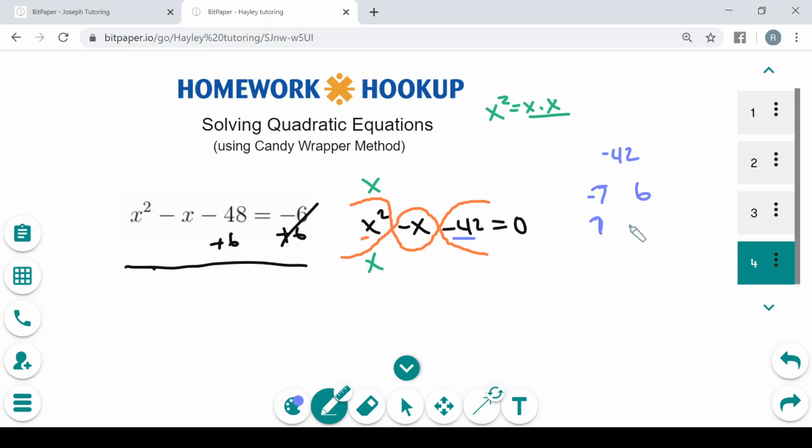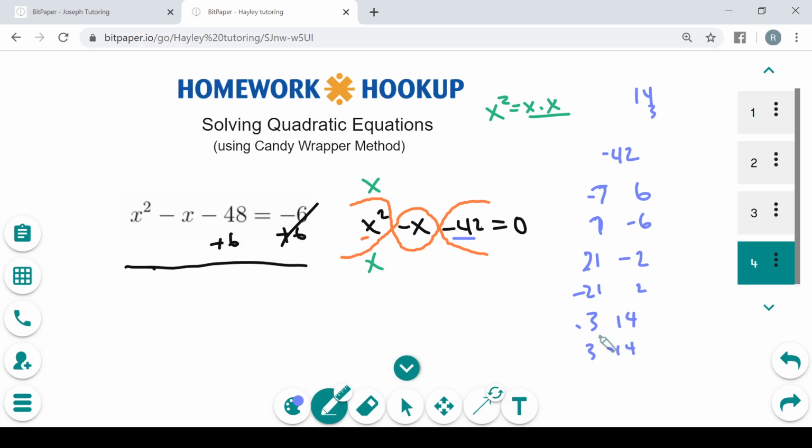I could also do 21 times 2, and again, just flipping the negative. I think 42 is also 3 times 14. So I can do 3 times 14, and again, it's flipping the negative, right? And you could also do 42 times 1.